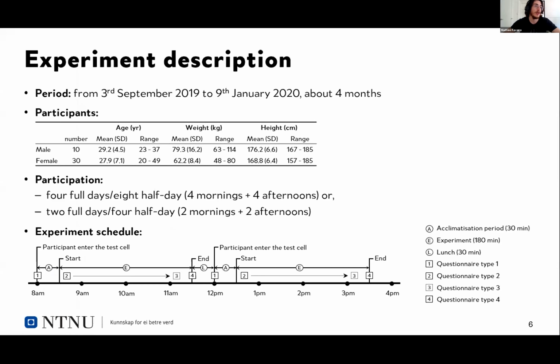Then after lunch, same procedure: 30 minutes of acclimatization and then the ramp. During this time we also got some questionnaires. For example, the stop questionnaire depends on whether the person actually pressed the stop button, so we got that if the person decided to interrupt the experiment. If not, we just continue until the end of the experiment itself, that is 180 minutes, plus the 30 minutes of acclimatization, but that is at a stable temperature.